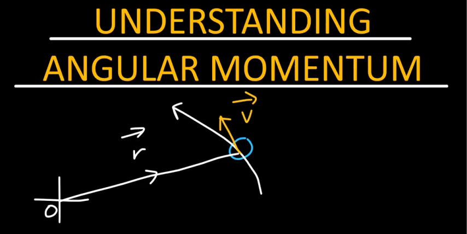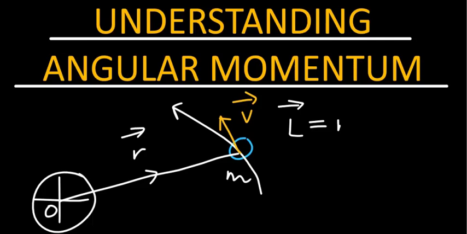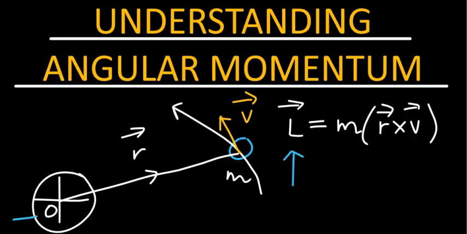If the mass of the particle is m, now we can define the so-called angular momentum of this particle with mass m about that origin, and the expression is given by the following. It is the mass times the cross product of that position vector and that linear velocity. So this angular momentum is defined with respect to that origin.